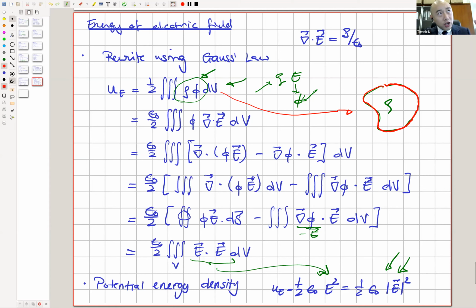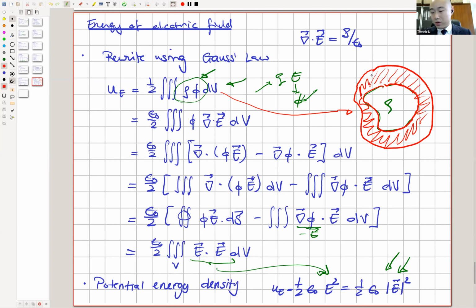But it doesn't matter, because even if I integrate over pieces of volume that are outside of the charge distribution, rho equals 0. There is no charge density out there.